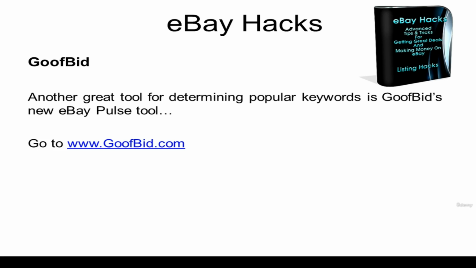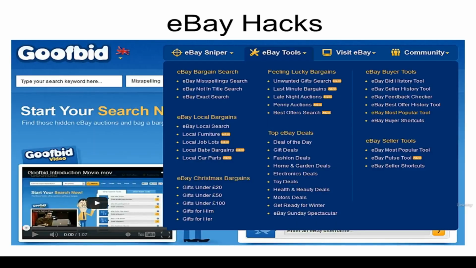It's at goofbid.com. And when you go there, the first thing you want to do is be sure that you're in the correct country for your particular eBay area. So as you can see, the default is going to be the UK because GoofBid is located in the UK. So if you're in the US, you're going to want to change this to, obviously, United States, and it'll show a little American flag there.